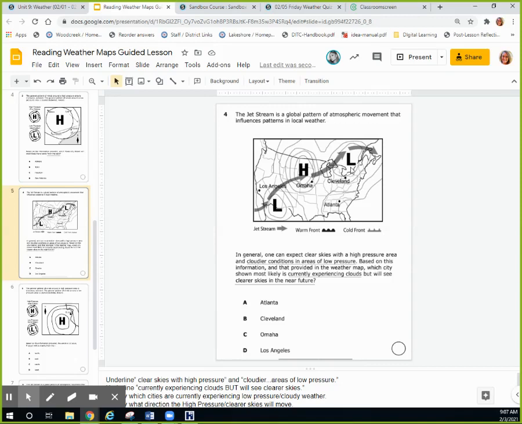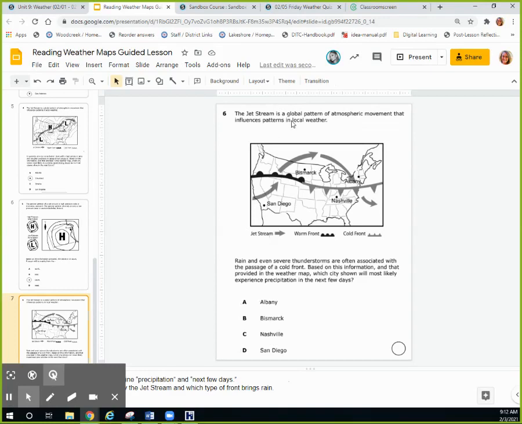So Los Angeles and Cleveland are both experiencing clouds, but the only city that should expect to experience clear skies is going to be Cleveland, because the jet stream is pushing this high pressure system in that northeastern direction. So in like 2 to 3 days, Cleveland will be experiencing clear skies.